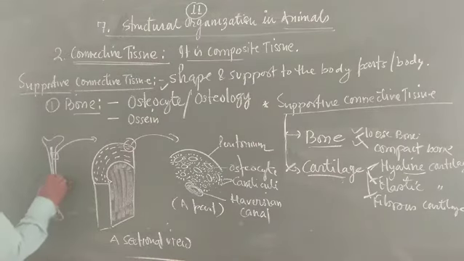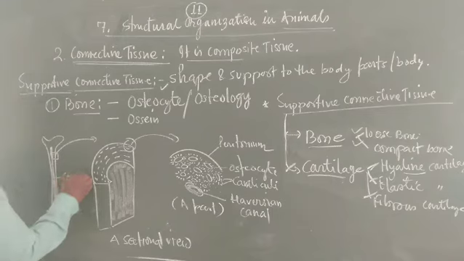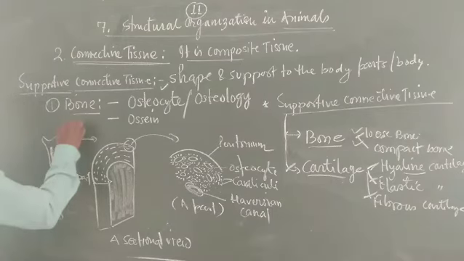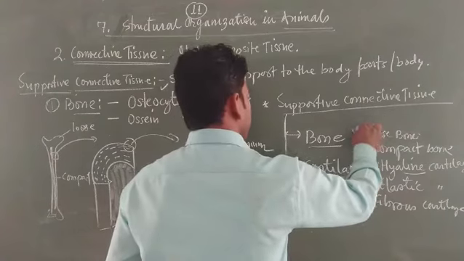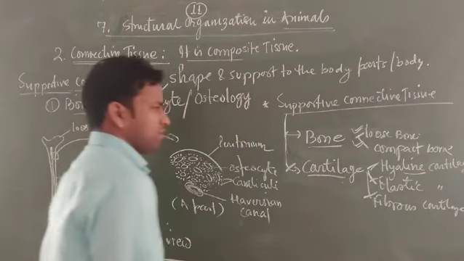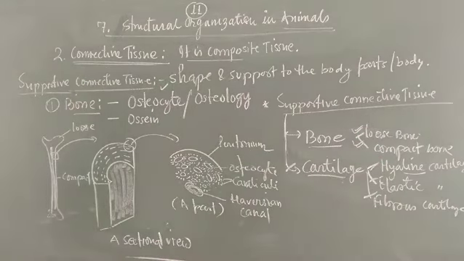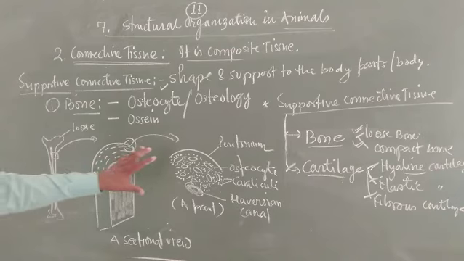This part of the bone is compact and this part of the bone is generally loose. The bone is of two types, loose as well as compact bone. We will discuss the difference between loose and compact bone later, but here you can see the diagram of the part of bone.